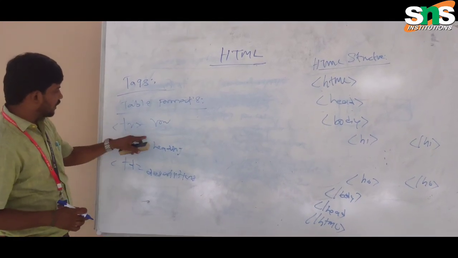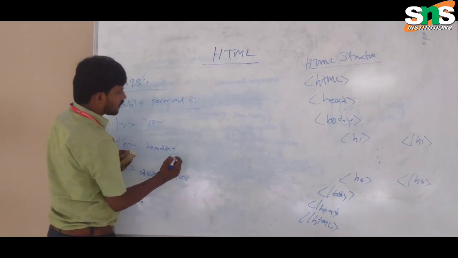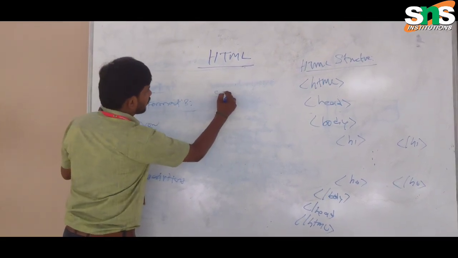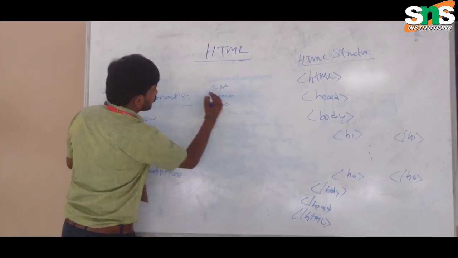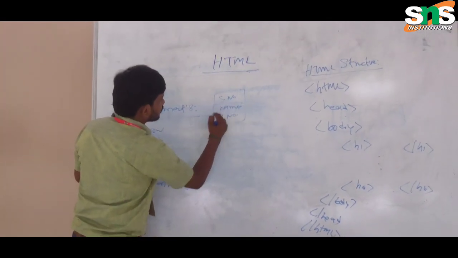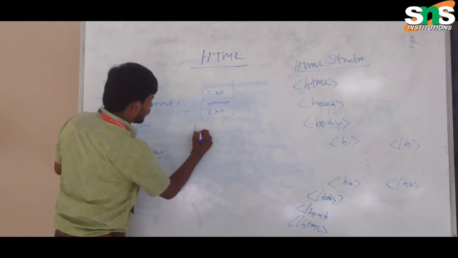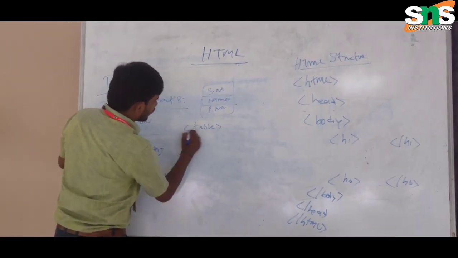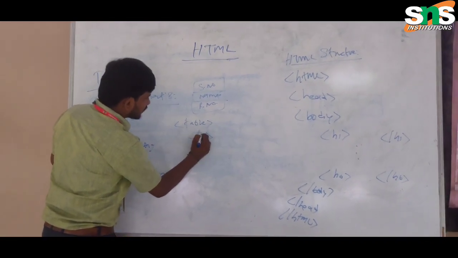How do we write TR and TH? Suppose we have to create three categories: serial number, name and register number. These are three different details we need to store in a table. So we create a table tag, and then we create a TR, which means a row.